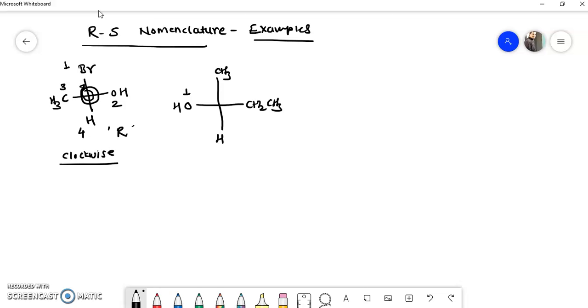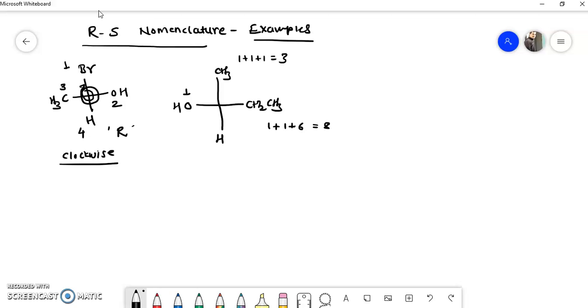Here is a carbon, here is also a carbon, both have the same atomic number, so we have to consider the next atom to which this carbon is attached. This carbon is attached to three hydrogen atoms, so it is 1 plus 1 plus 1, so it is 3. Here this carbon is attached to 2 hydrogens, that means 1 plus 1, and 1 carbon, so it becomes 6 plus 1 plus 1, that is 8.